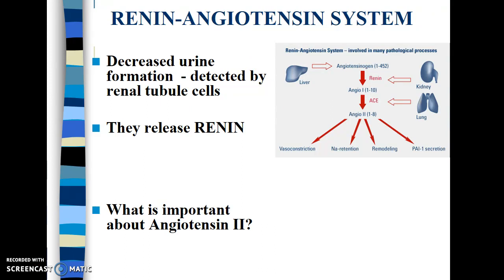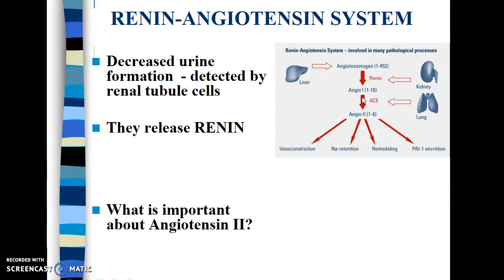If we don't have as much blood going through the kidneys, we're not going to have as much urine produced. And when those renal tubule cells detect that there's less urine formation, we're going to get renin released from the kidney. So the liver releases angiotensinogen, and renin combined with that is going to produce angiotensin 1.